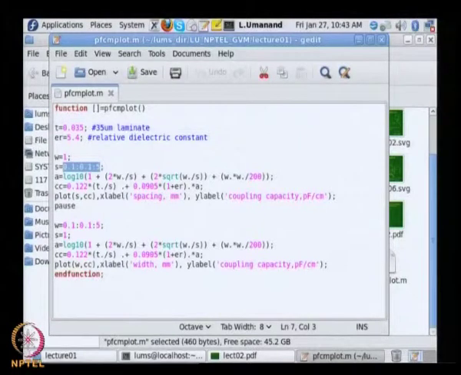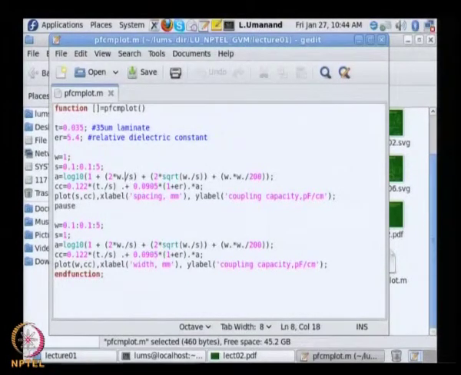S is nothing but values ranging from 0.1 to 5 in steps of 0.1. So, this is what S is. Now, S becomes an array. When you are using an array, I can't do direct multiplication or division.